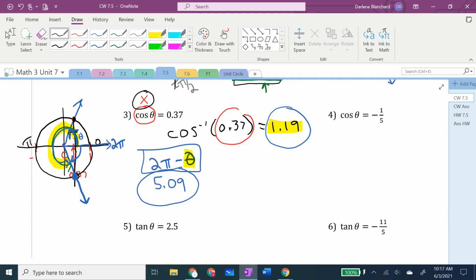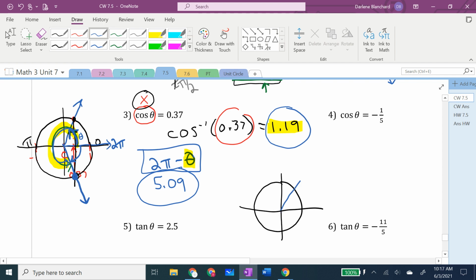So let me make sure you're clear. I'm going to draw a circle, and I'm going to emphasize two angles that have that same x-coordinate spot. The two angles I just found were positive 1.19 radians and positive 5.09 radians.